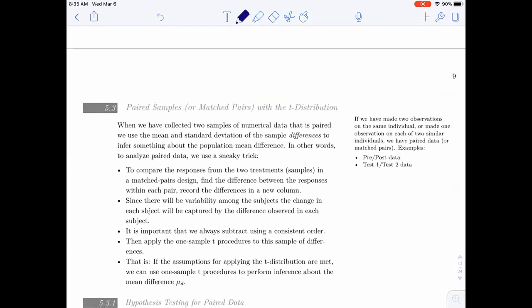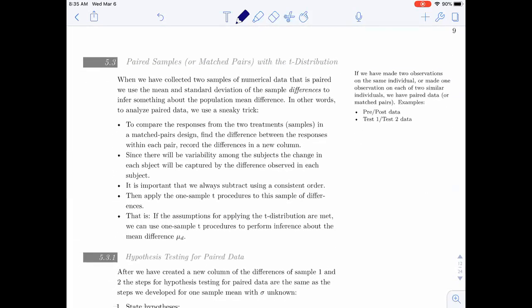So like I said, so far we've seen one sample mean sigma known, and then now we just covered one sample mean sigma unknown, right? We know how to make confidence intervals and do hypothesis testing for each of those. Now, we're gonna start talking about paired samples.